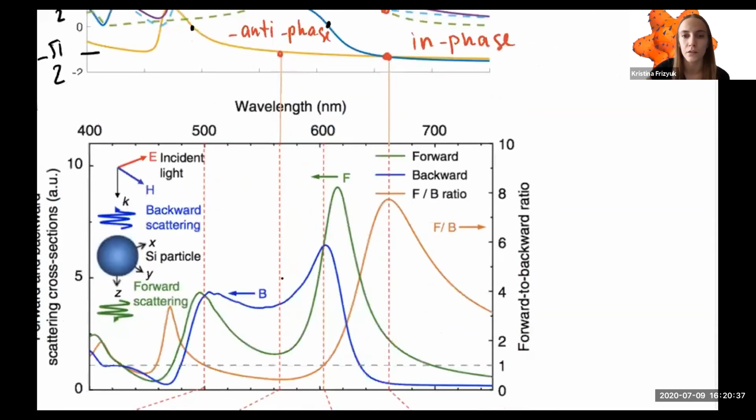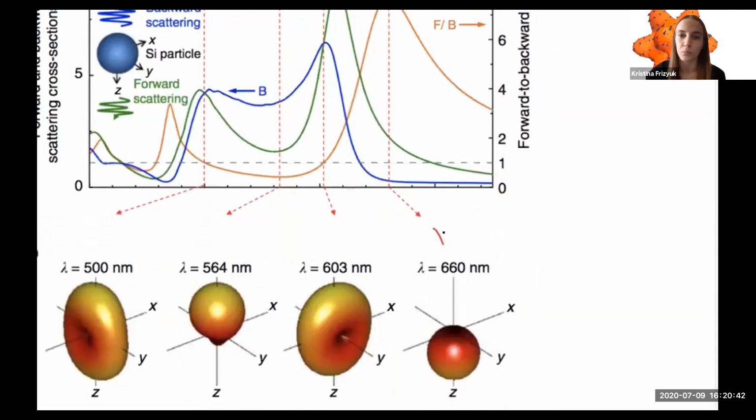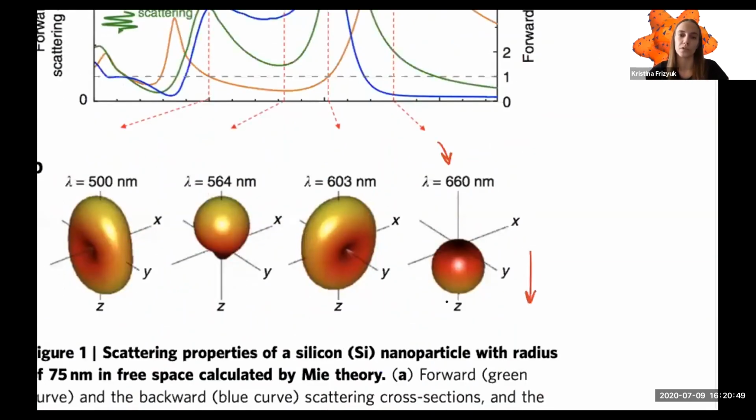Let us look at the radiation pattern. For the first point, they are in phase, so we have forward scattering: most of the radiation pattern is in the forward direction. And here we have more backward scattering. Forward scattering is not totally cancelled, because we should not only use dipoles, we should also compute other multipoles to obtain this.